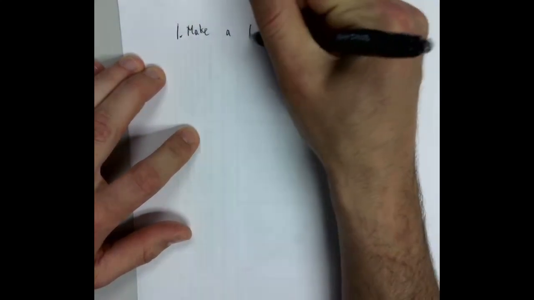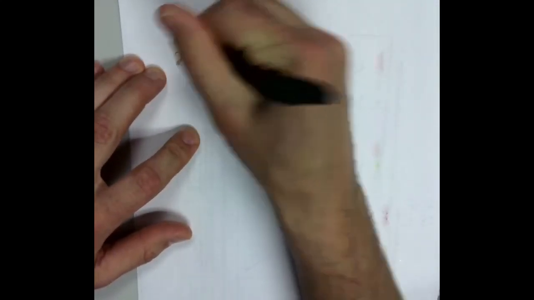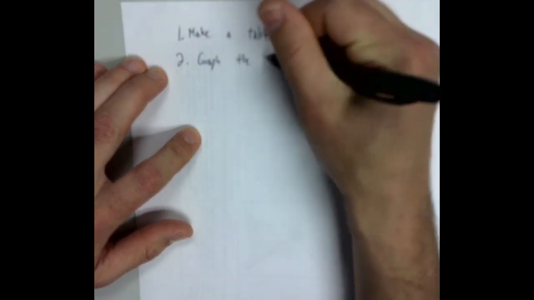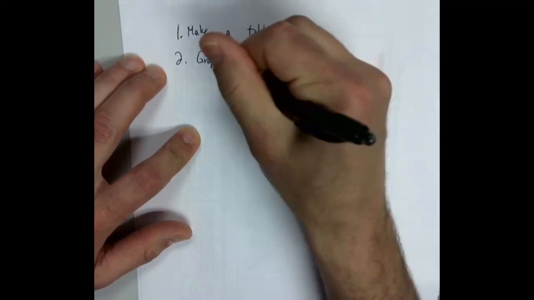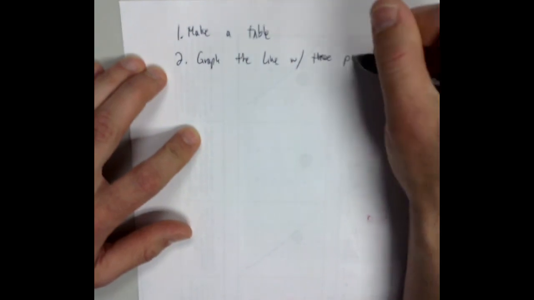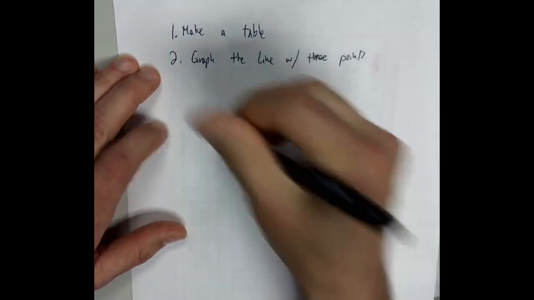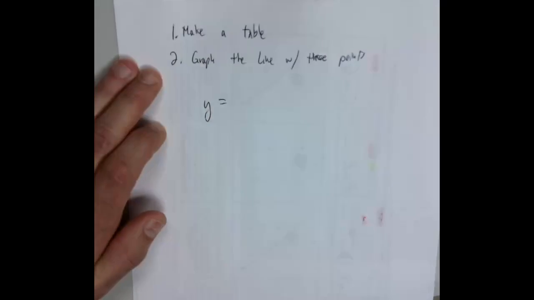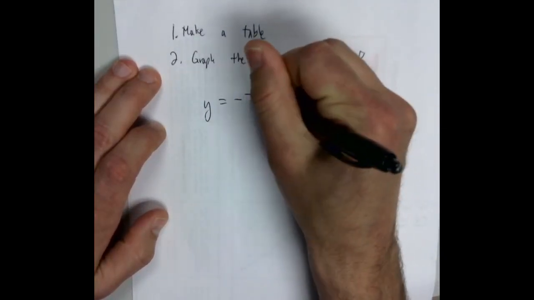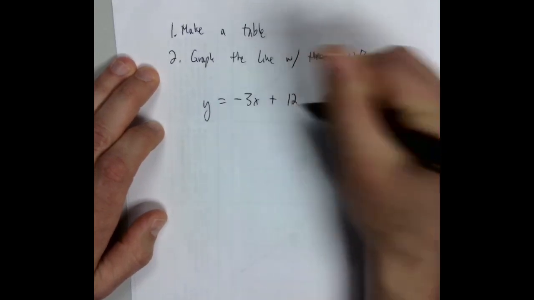I'm going to give you one opportunity to do that. Do what? Make a table and graph the line. I want you to use 3 points. Okay? So, y equals -3x plus 12.